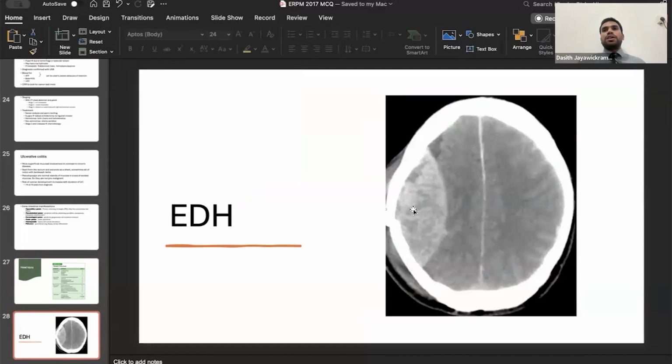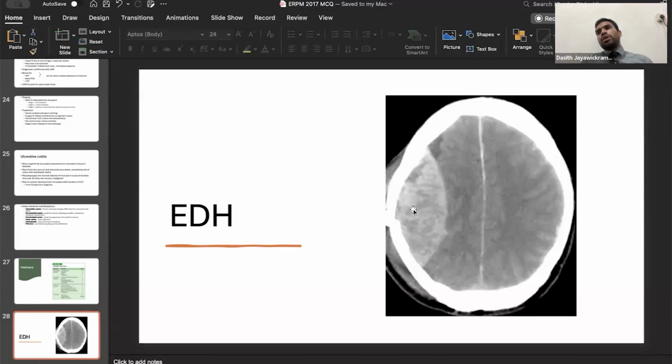You know, when there's a space occupying lesion within the head, the cranial wall has a fixed volume. You can't increase that volume. There are a few components within that volume: the brain, the CSF, and the blood. The brain volume is constant. You can't reduce it, but you can reduce the CSF volume and the blood volume. So when a space occupying lesion, something foreign, comes into this cranial vault, it takes space.